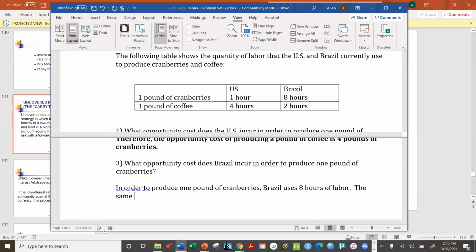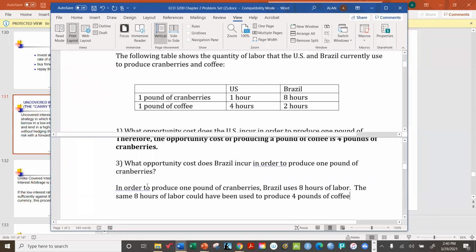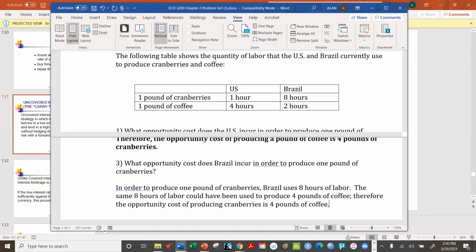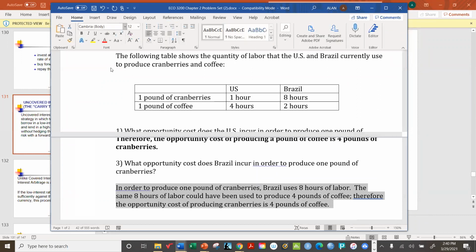The same 8 hours of labor could have been used to produce 4 pounds of coffee, because they only take 2 hours each. Therefore the opportunity cost of producing cranberries is 4 pounds of coffee. Pretty steep. Okay.